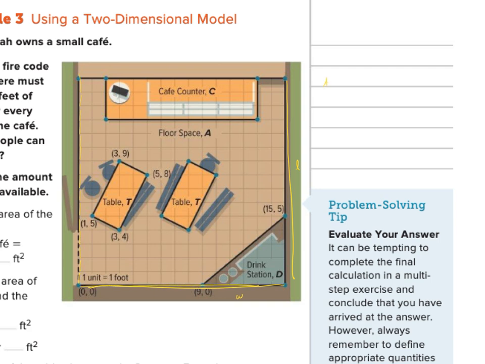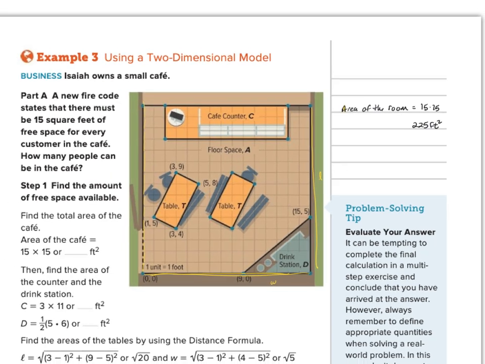So I know the area of the room is 15 times 15, which is 225 feet squared. Okay, so now we have a starting point, and what we have to do now is just subtract the information that is in the way.